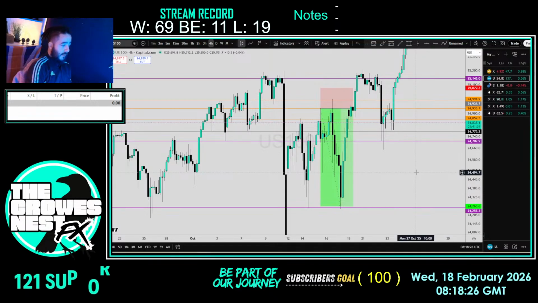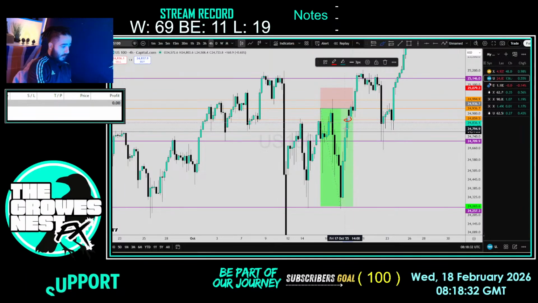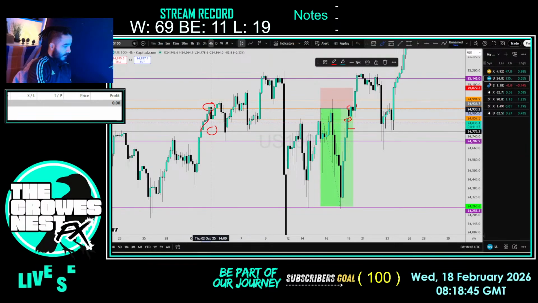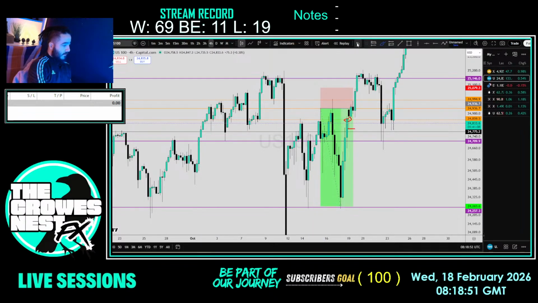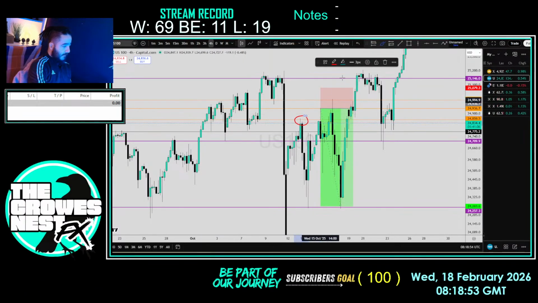I think I would prefer this second one, and the reason being because if we're wrong, this one tapped and only pulled back to there, but this one, actually there's a gap there, isn't there? But if you look at this, this tapped and pulled all the way back down, where this came straight through. So this would be the safer one to do, but yes, we could reject from here again.